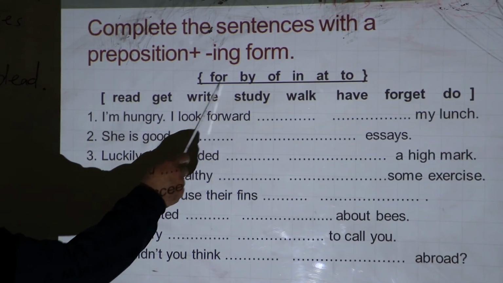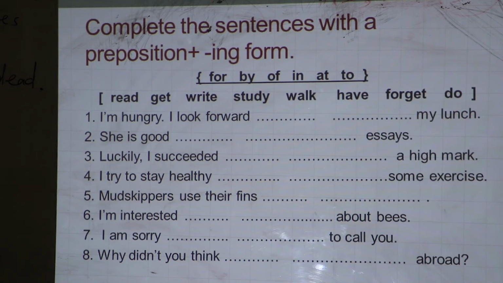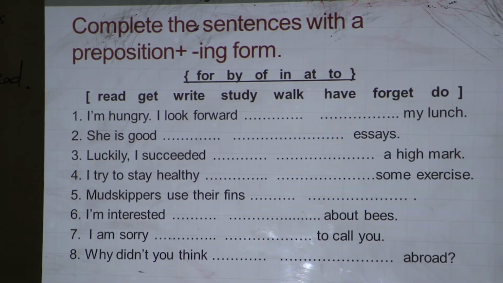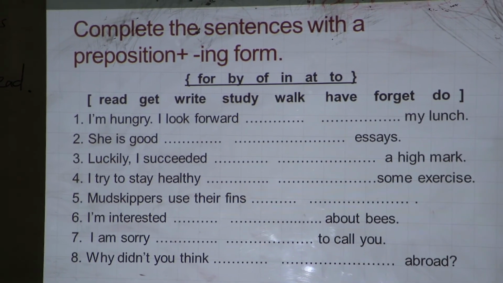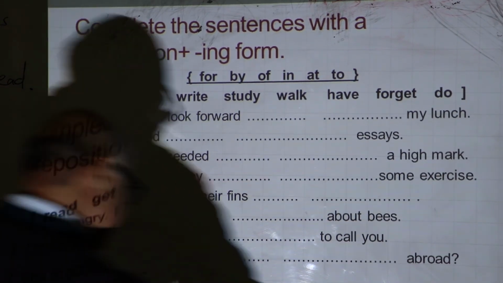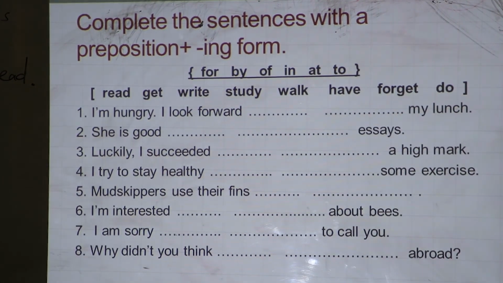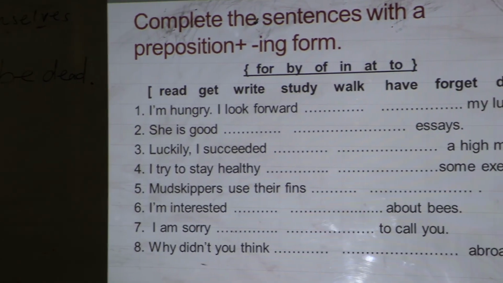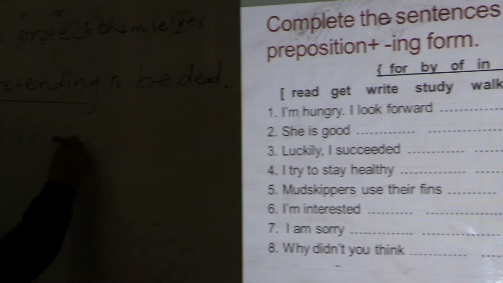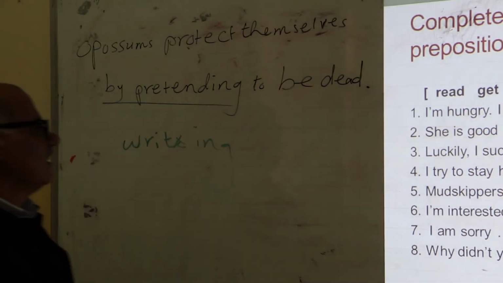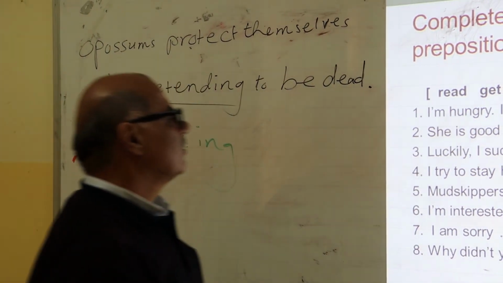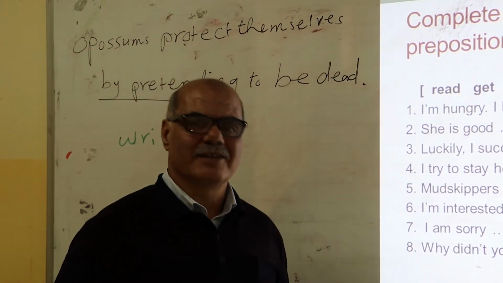Okay, of course, we omit the E. Yes, the E here is omitted. We say write, yes, we omit the E and we add ing. So we say she is good at writing, he says.